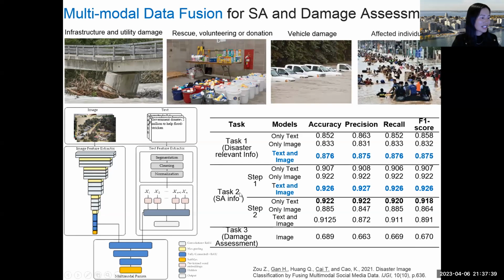The second step is to extract the situation awareness relevant information. The third step is, if the image is related to infrastructure or utility damage or vehicle damage, then we do the damage assessment, automatically classifying the image into different damage levels.